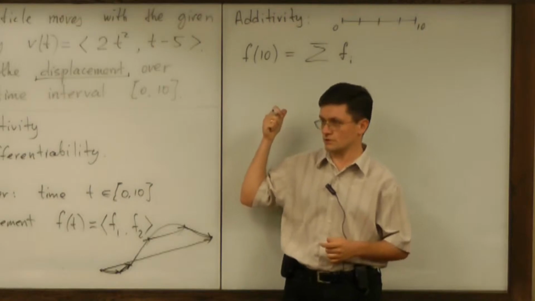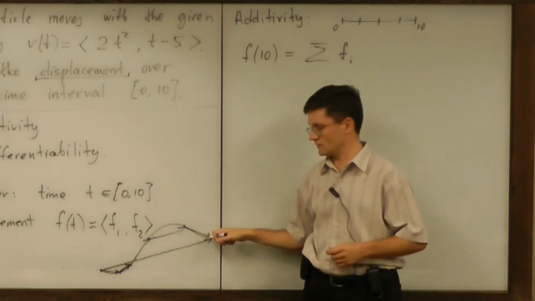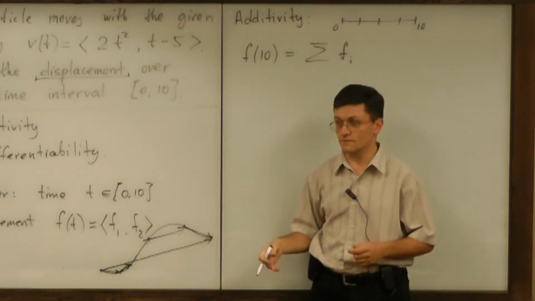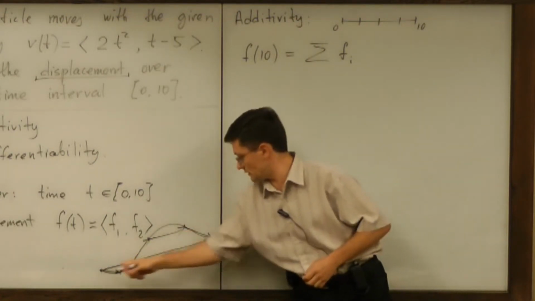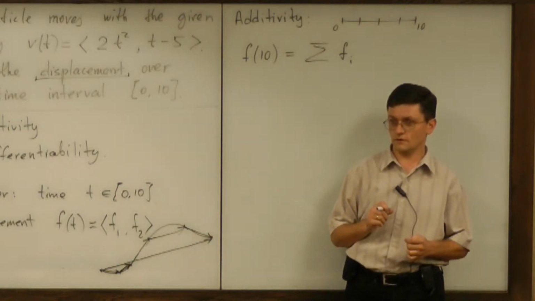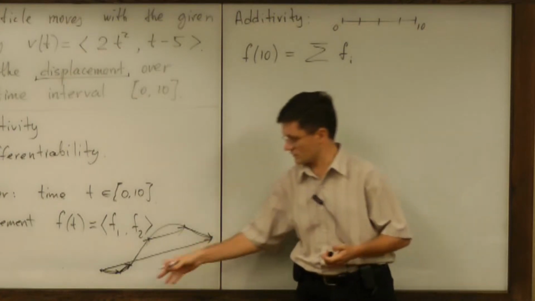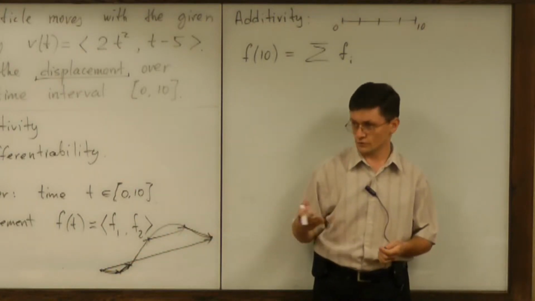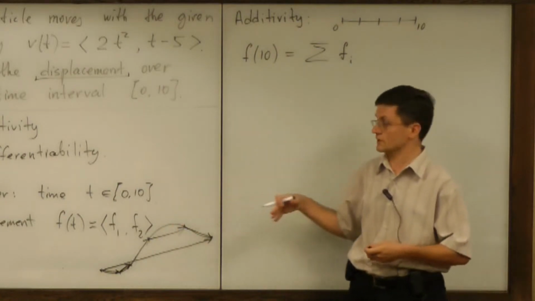And the additivity question is asking whether the sum of all these, in this case 5 vectors, is equal to the vector from the beginning to the very end. Well, it does. And the reason is the rule of how we add vectors. That's exactly how we add vectors.